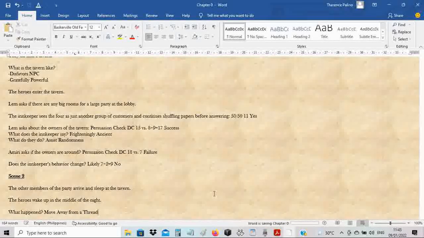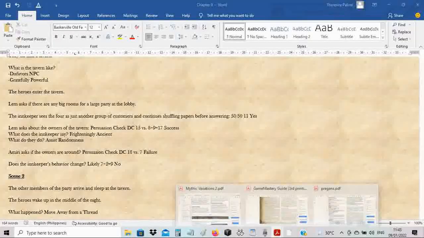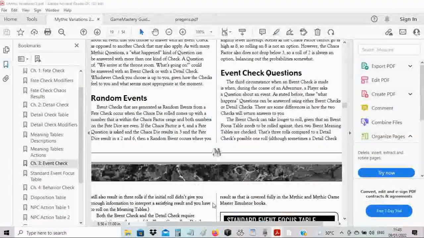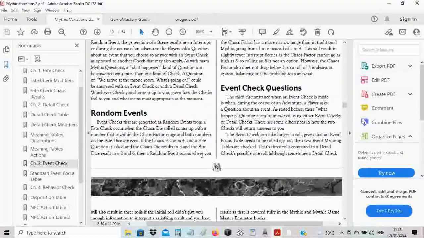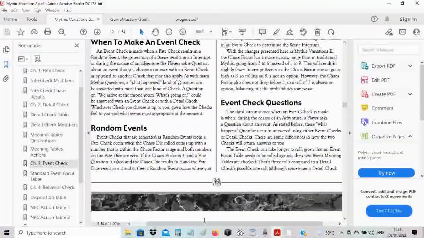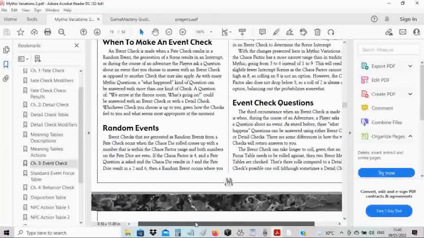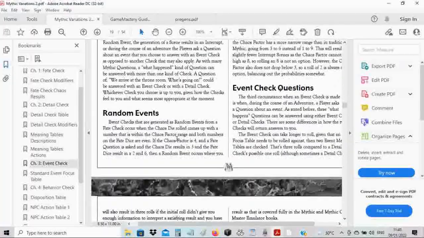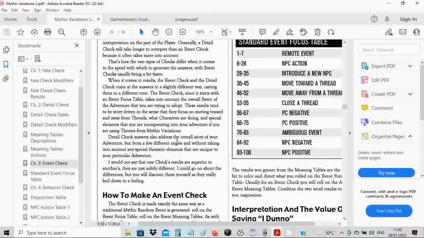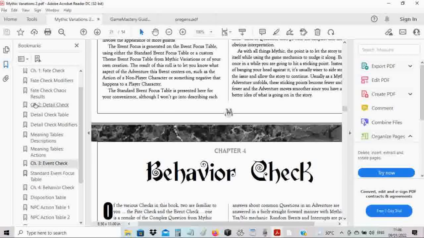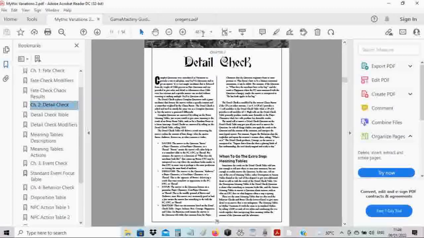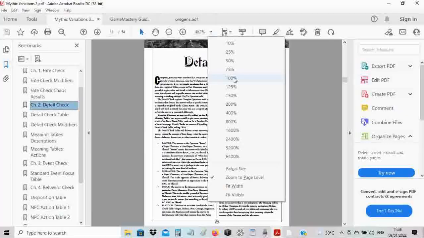It could mean, for example, that something's going on in the tavern itself. So let's see what is going on. Let's use the detail check and find out what happens.